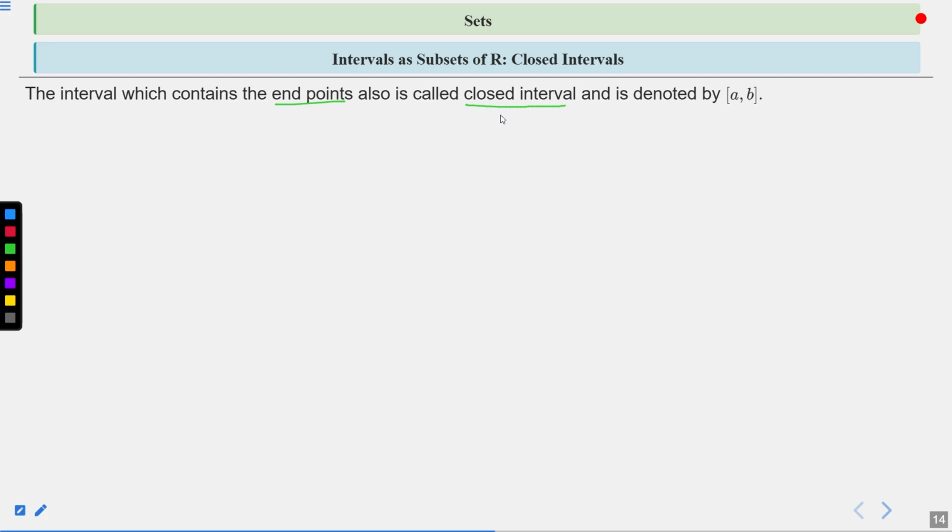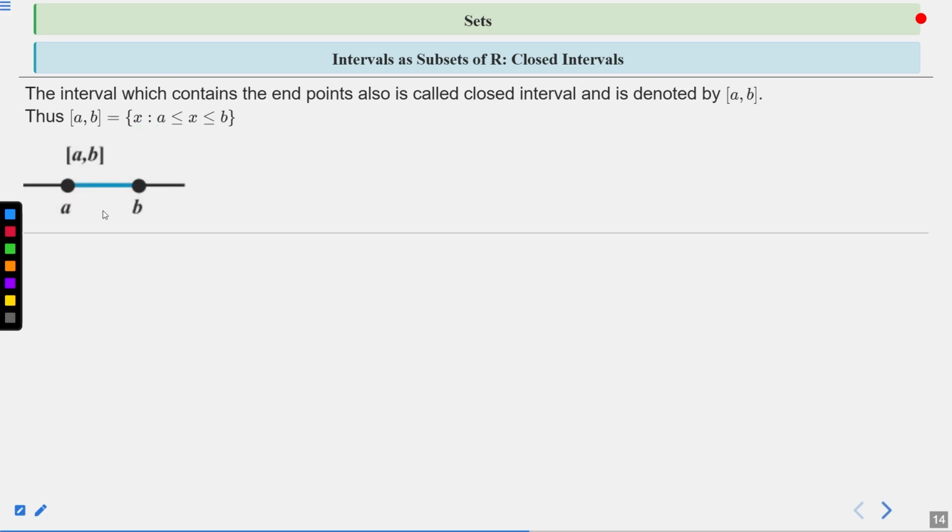If you include both of them, then that interval will be your closed interval and is denoted by square brackets, closed interval A comma B. Thus, this represents, in roster form, the collection of all real numbers such that X is greater than or equal to A and less than or equal to B. So we are including A and B here.